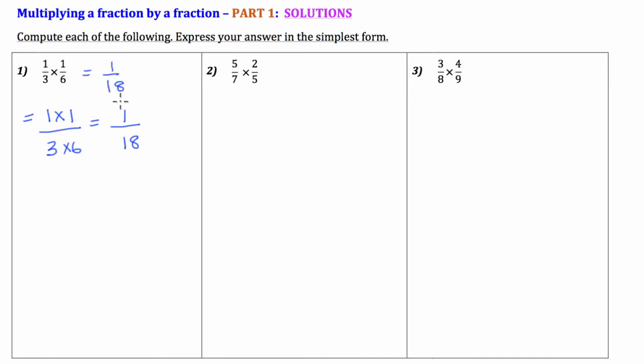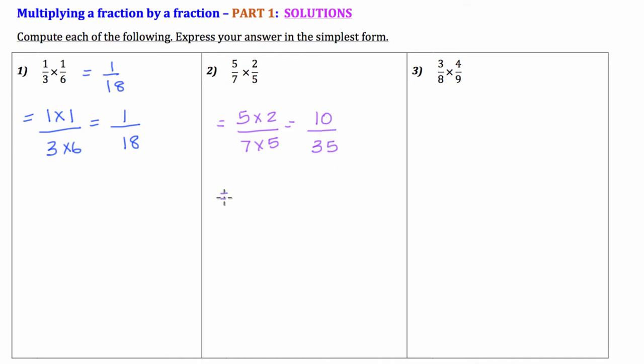The next problem is 5/7 times 2/5. Again, let's do the same. We multiply the numerators and we multiply the denominators. And 5 times 2 is 10 and 7 times 5 is 35. And now we can simplify this. We know that 5 is a factor of both 10 and 35.